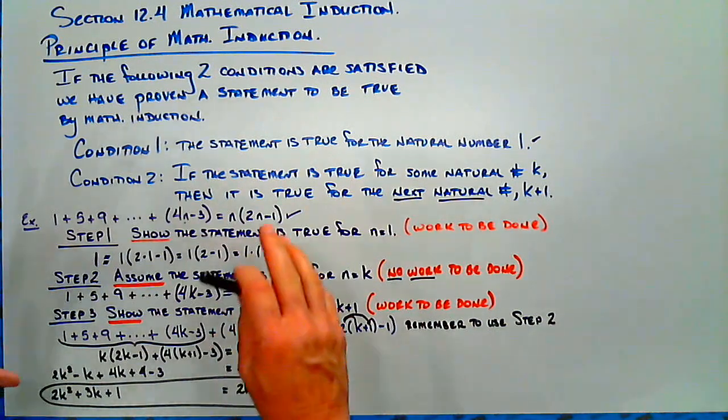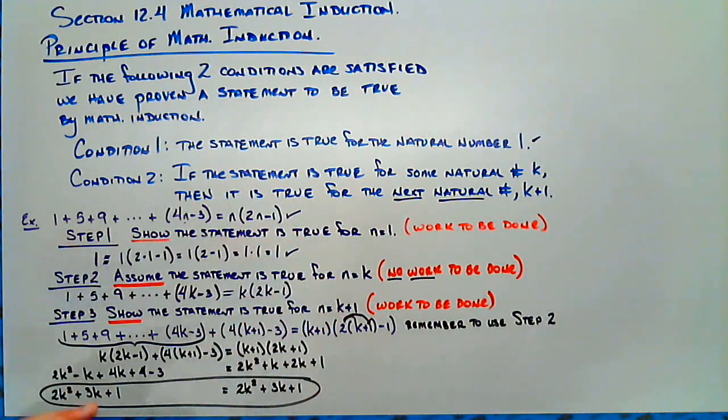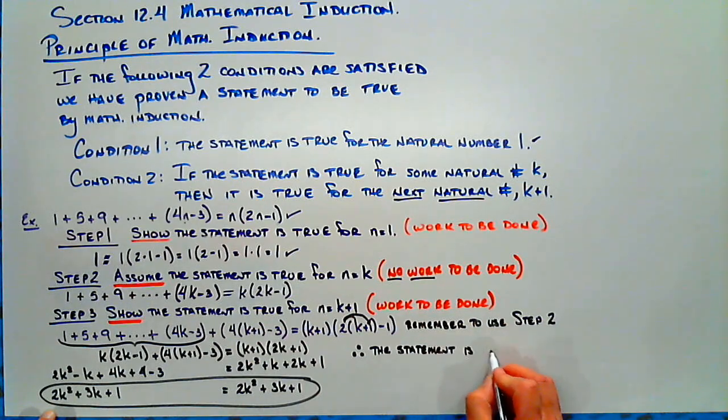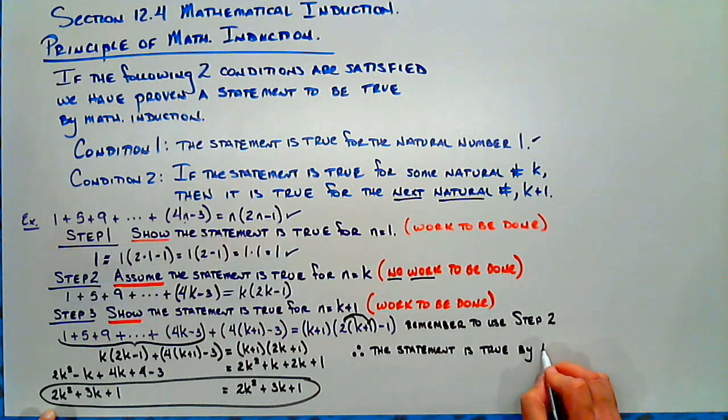So, this is what a proof by mathematical induction looks like. Once we get, in step 3, the left-hand side to match the right-hand side, then we have completed our proof. So we could say, therefore, the statement is true by mathematical induction.